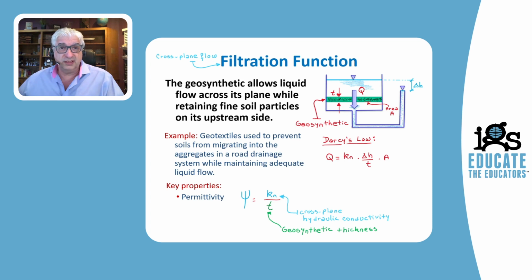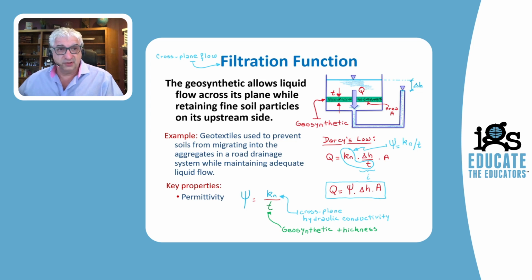The thickness in this case is the length over which the hydraulic head drops, times the cross-sectional area. Again, this is the hydraulic gradient I, and here we have the combination of the hydraulic conductivity in the normal direction with the thickness to define the permittivity. Ultimately, the flow in the cross-plane direction will be the permittivity times the hydraulic drop times the cross-sectional area.